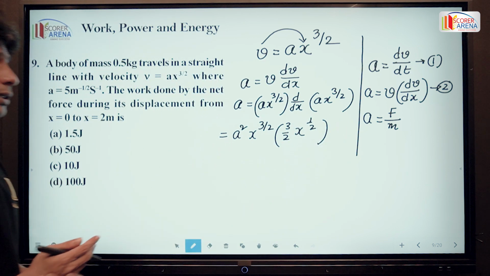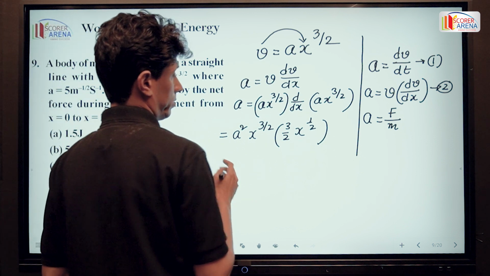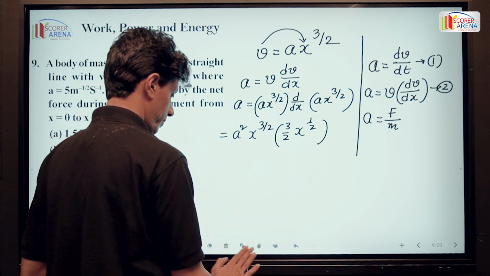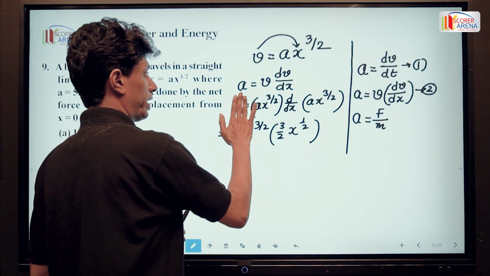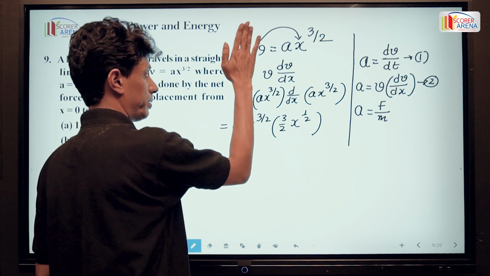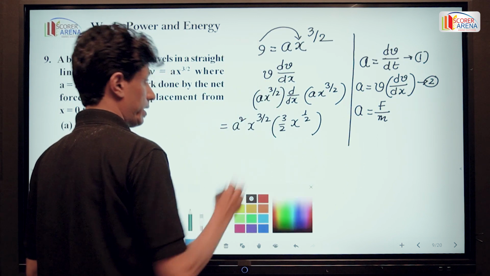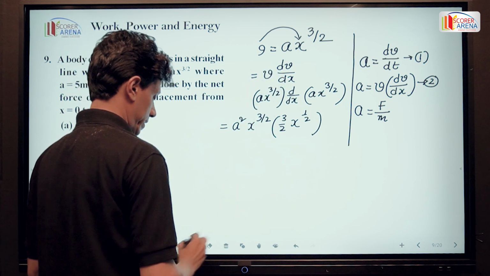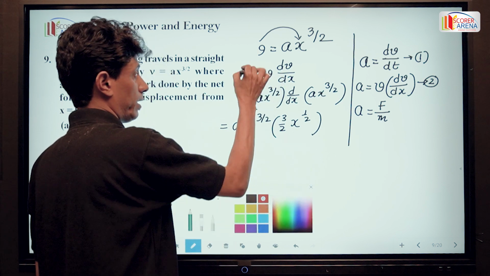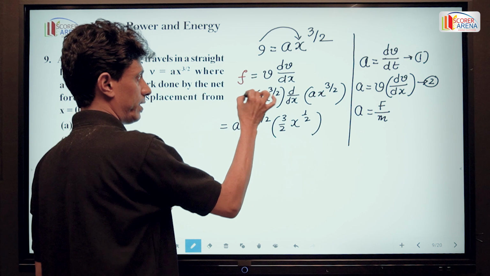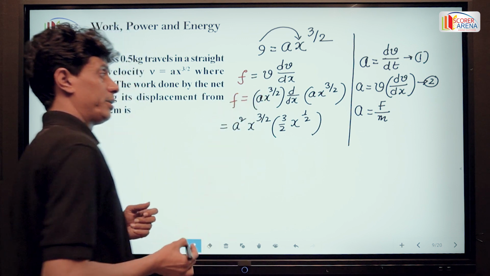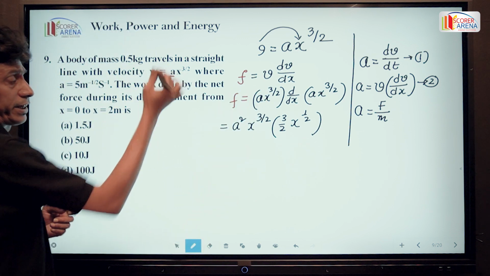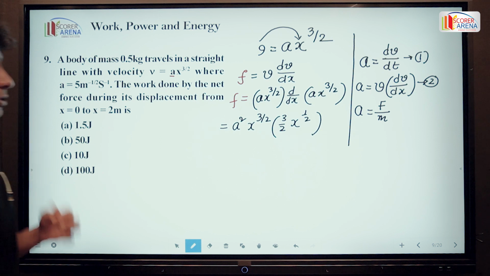So therefore, for the acceleration of the particle, sorry, you don't take acceleration here as a, because in the problem a is already taken.